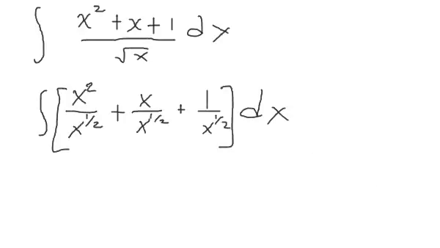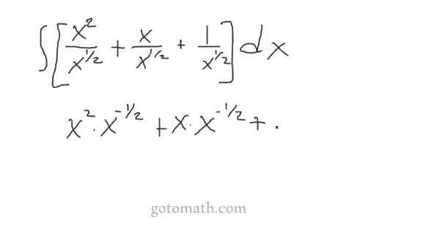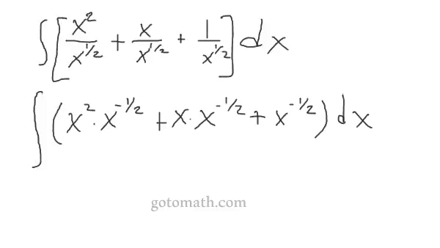So we're still rewriting this before we can actually do any integration. We're going to bring that to the top. So this is x squared times x to the negative half, plus x times x to the negative half, plus x to the negative half. Let's put parentheses around everything, a dx here, and the integral there.